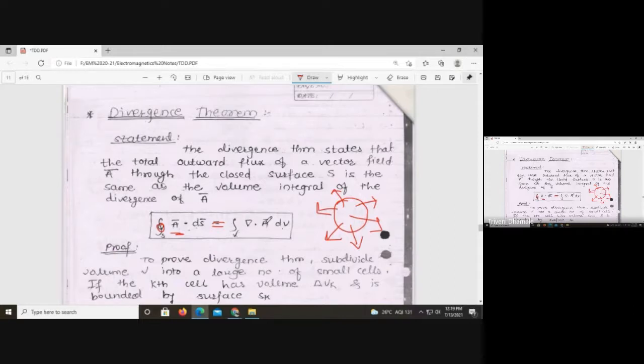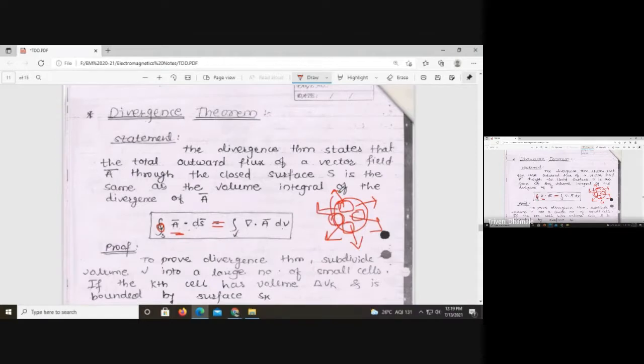That means first you find the divergence of A bar, that is nothing but this LHS formula, right? And take the volume integration. Suppose I divide this part into small different parts, and find the divergence for each, and then integrate over the complete volume dV.